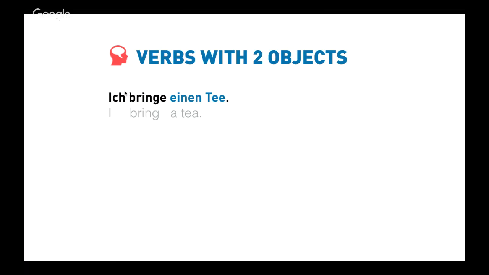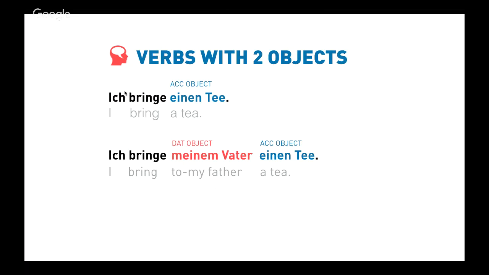Now, bringen is actually a verb that allows 2 objects. So let's add one to this. Here you see we have to make a little space. We tear this a little bit apart to squeeze the dative object in the middle. Ich bringe meinem Vater einen Tee.